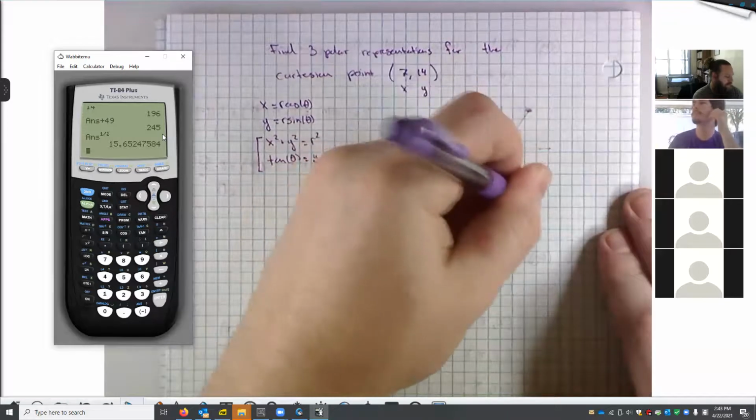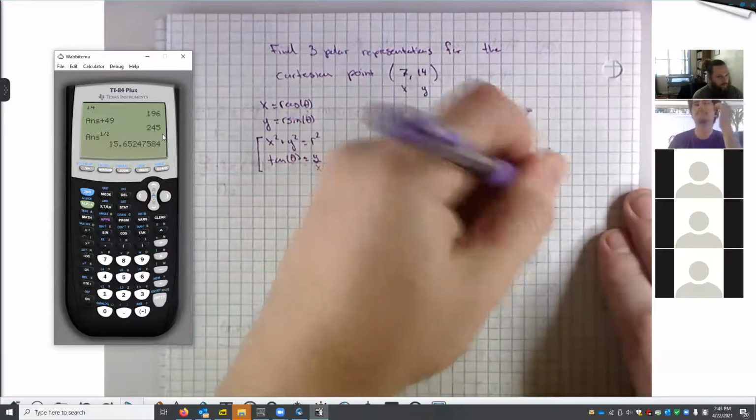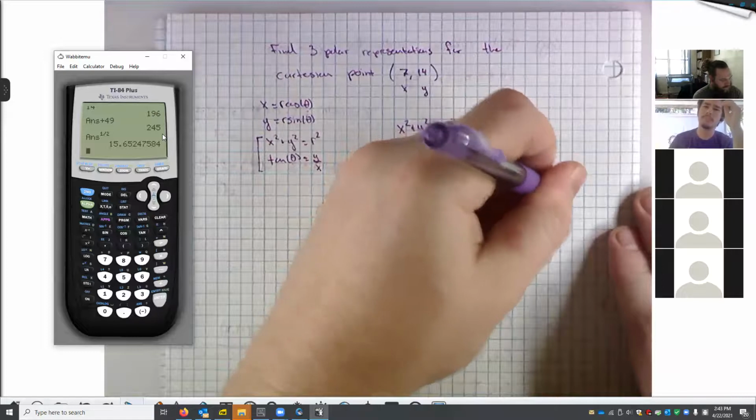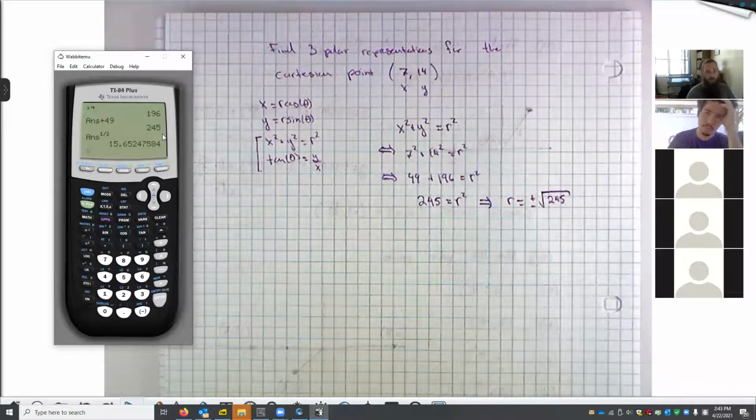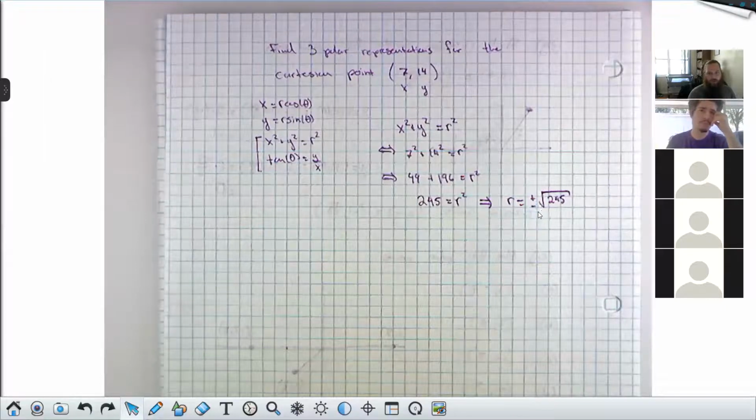So R is one of plus or minus the square root of 245. And here, I'm going to find one of the polar representations using the negative radius. Now, before I can do any of that, I need to also find some thetas that might work.